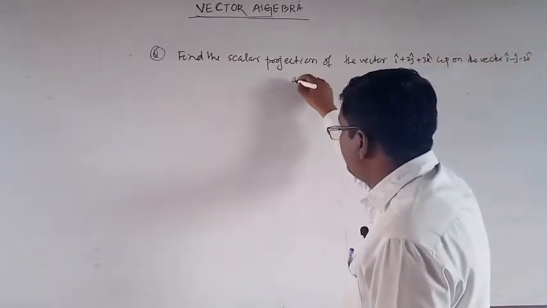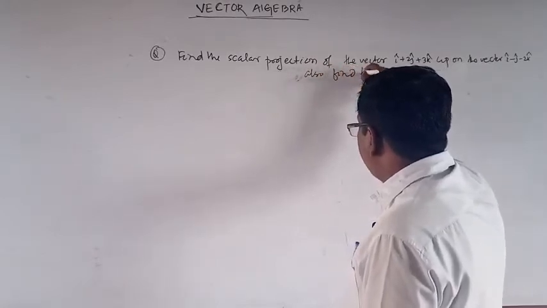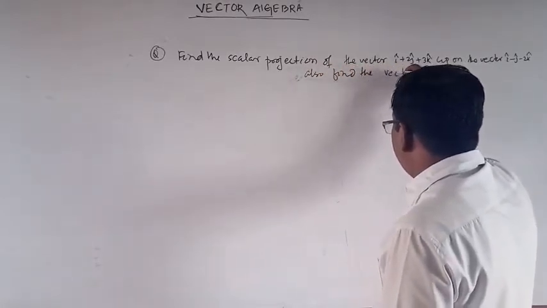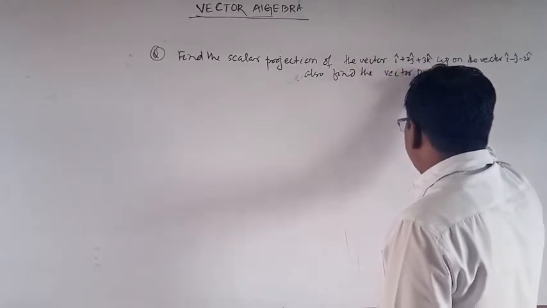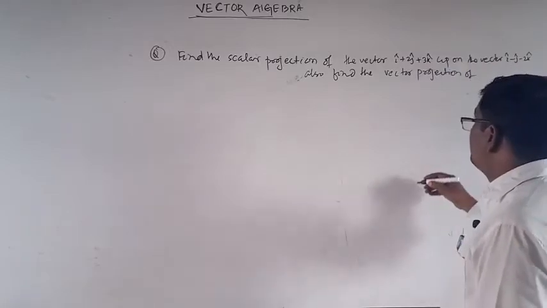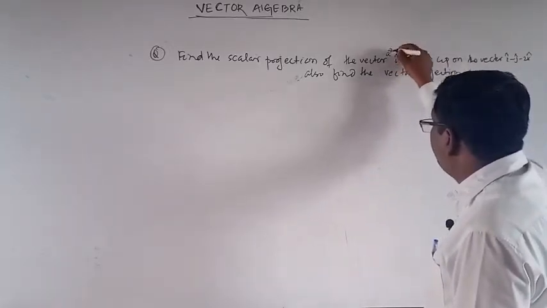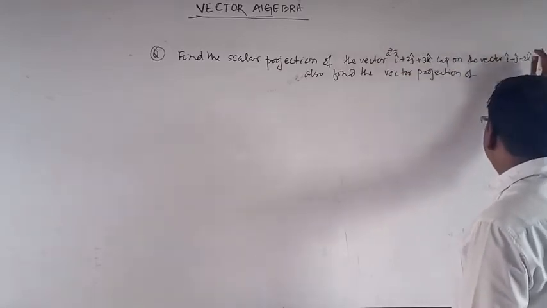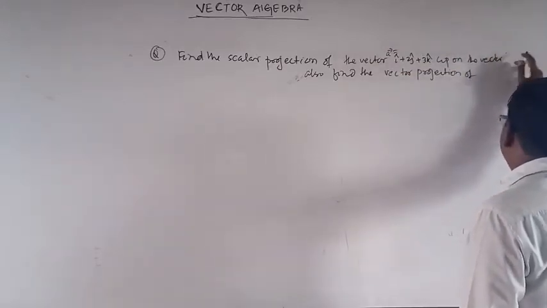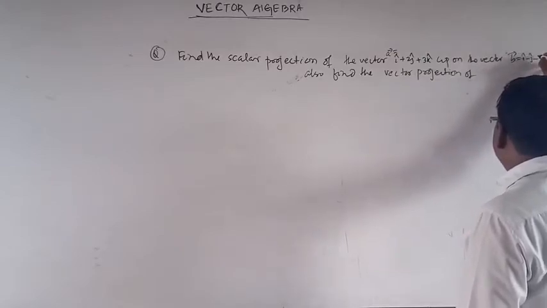Also find the vector projection. Suppose this is vector A and this is vector B, where vector B is equal to i minus j minus 2k.